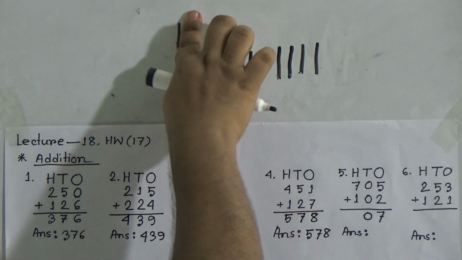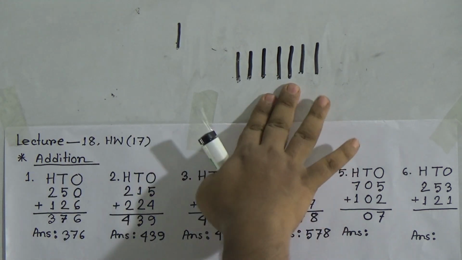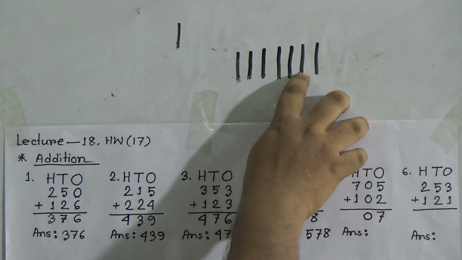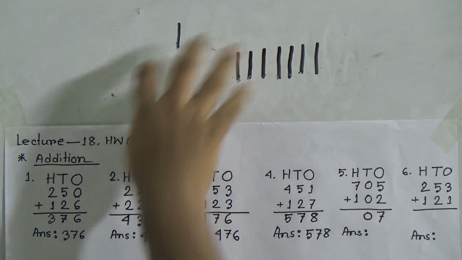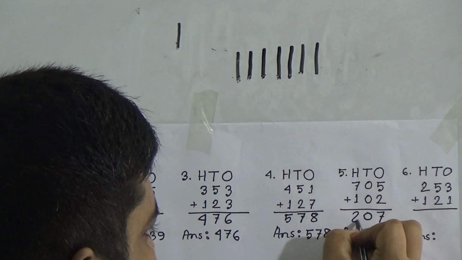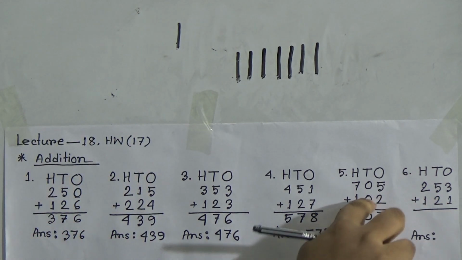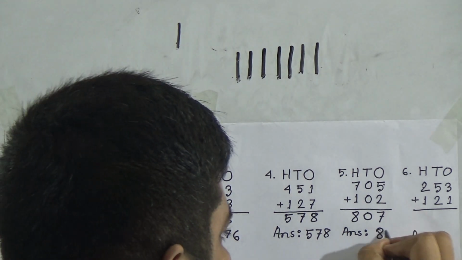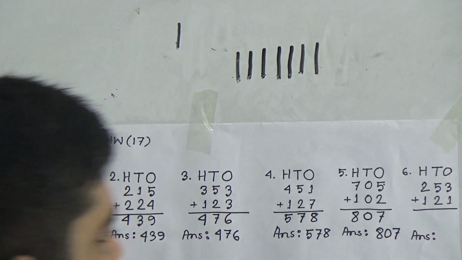Now 1 stick erased. That means here 7 sticks, here 1 stick. Add how much? 1, 2, 3, 4, 5, 6, 7 and another one, 8. So there are 8 sticks. Now we check: 5 and 2 is 7, 0 plus 0 is 0, 7 and 1 is 8. So 807 is the required answer. I hope you have understood.